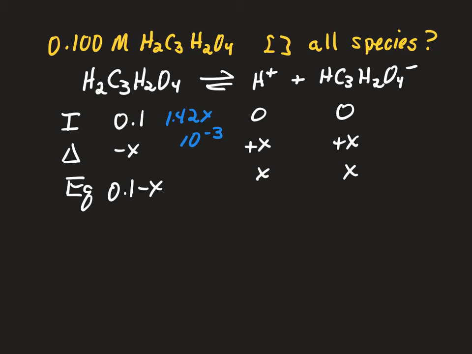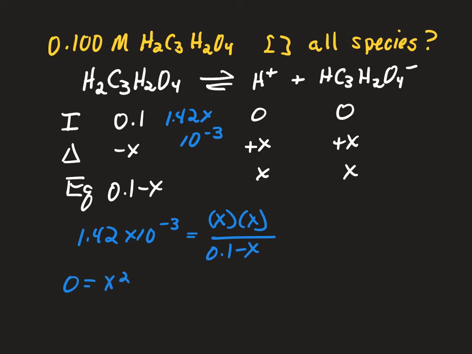So we get 1.42 times 10 to the minus 3 is equal to X, products, divided by 0.1 minus X. If you multiply that through, you get a quadratic of 0 equals X squared plus 1.42 times 10 to the minus 3 X minus 1.42 times 10 to the minus 4.